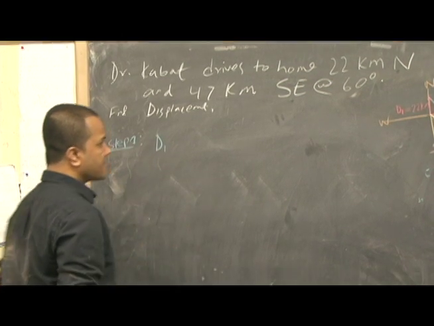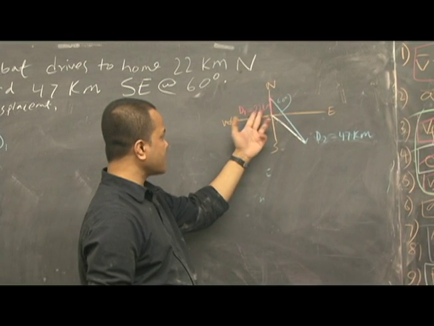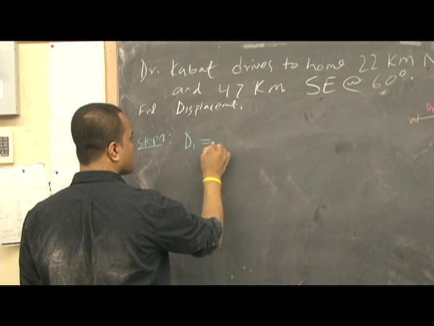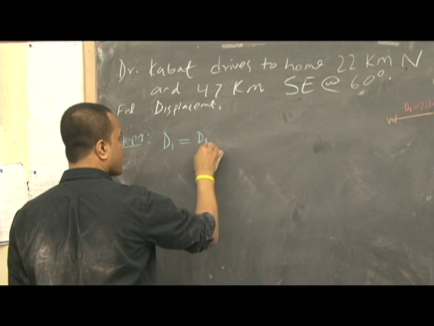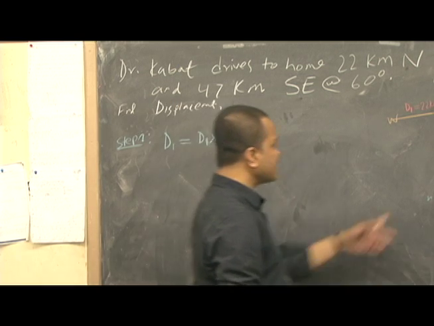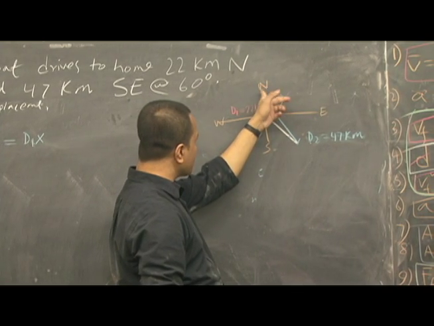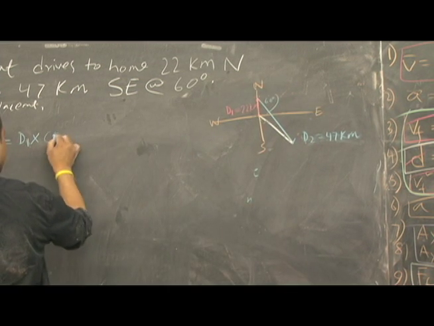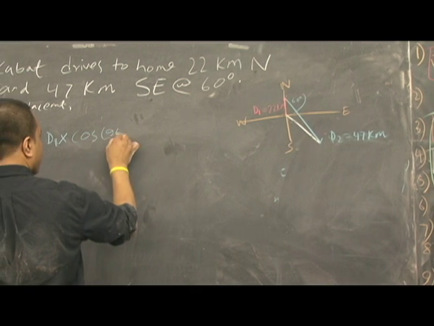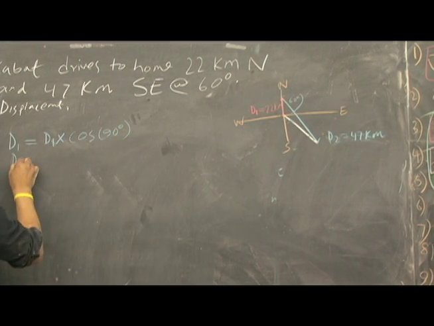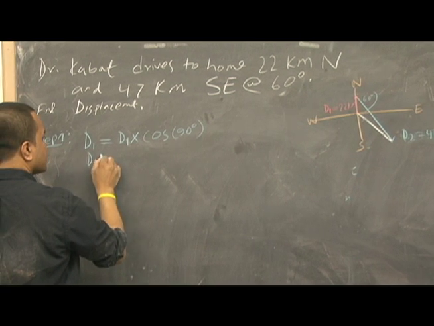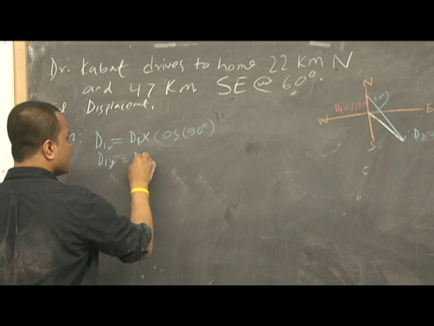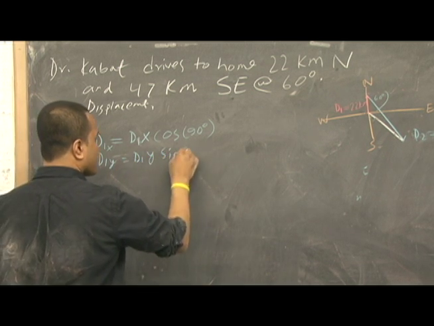So D1 is also a vector quantity, and it has an x and y direction. So we can write D1 is equal to D1x cosine 90 degree, and D1y sine 90 degree.